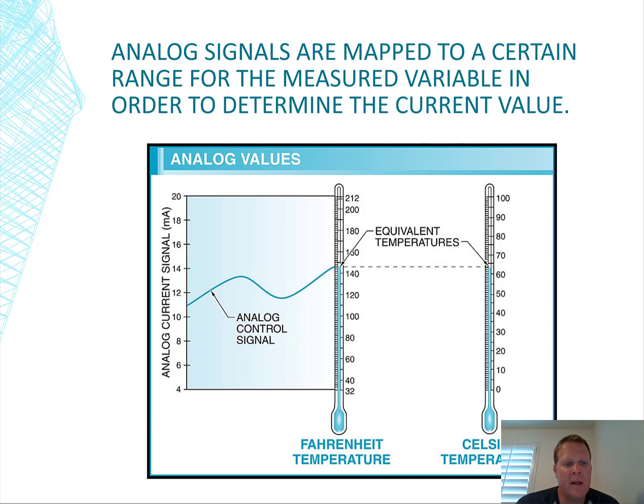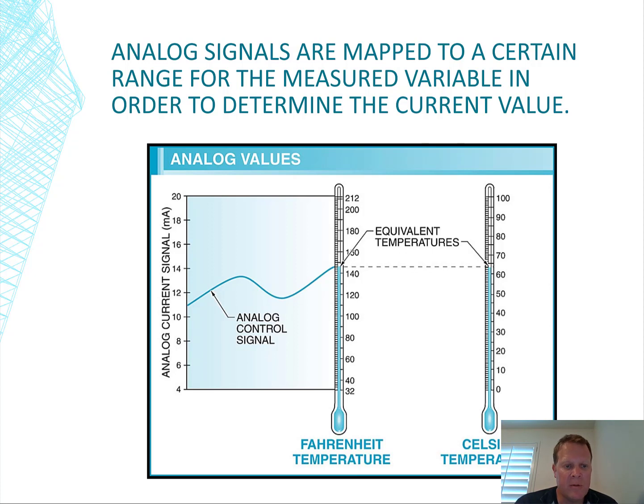Depending on how many milliamps is being sent or read, the controller is interpreting the value based off the amperage, the current signal, right? And so the analog current signal.